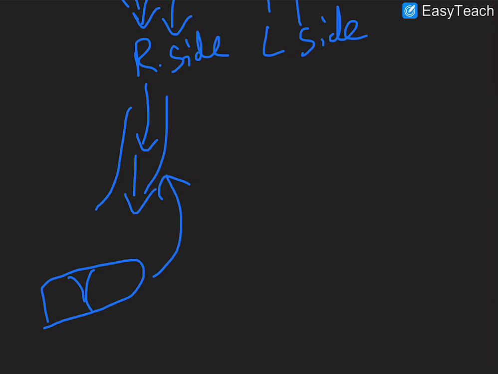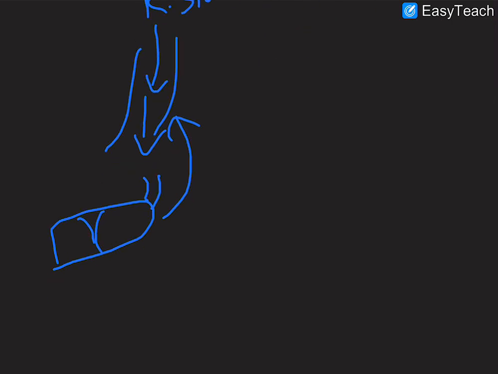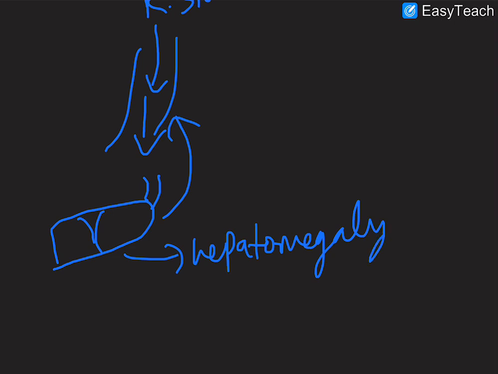Because then blood will back up into the veins draining the liver, which can lead to enlargement of the liver. That can lead to venous congestion. So that's why one of the findings can be hepatomegaly in truncus arteriosus.